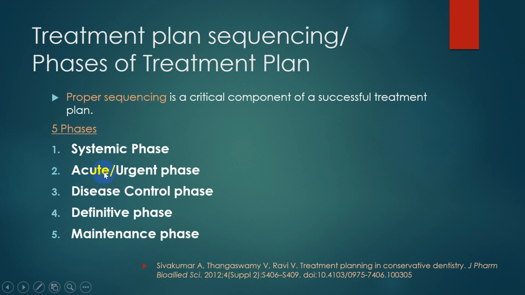Here we treat the chief complaint if it is pain or if it is of acute diagnosis. Then we go to the disease control phase. We need to control any source of inflammation and active caries. Then you go to the definitive phase, having definitive treatment like prosthesis, ortho treatment, and other treatments, and then comes the maintenance phase.